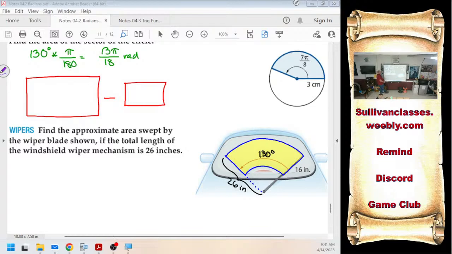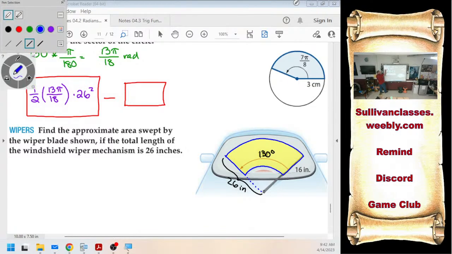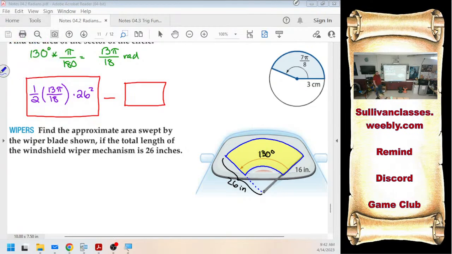Okay, the big arc, the entire thing covered, is 1/2 radians radius squared. The area of the smaller region I don't care about.